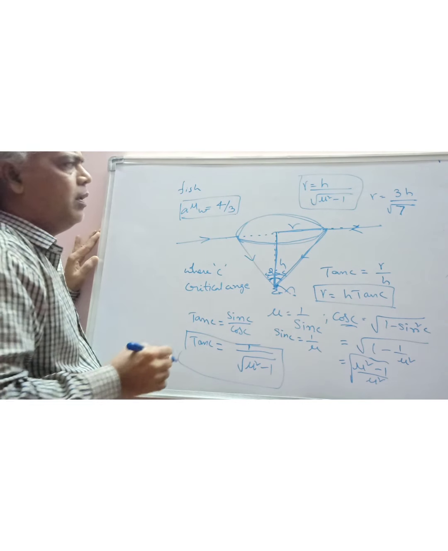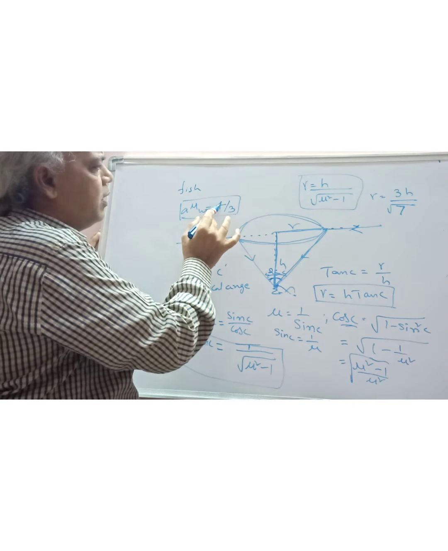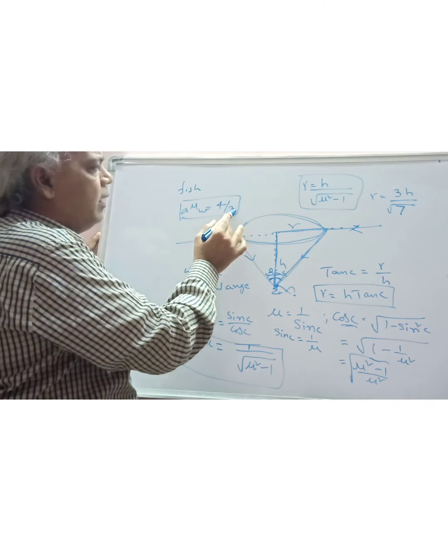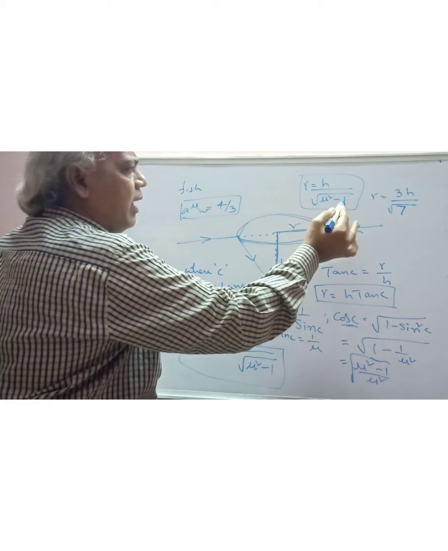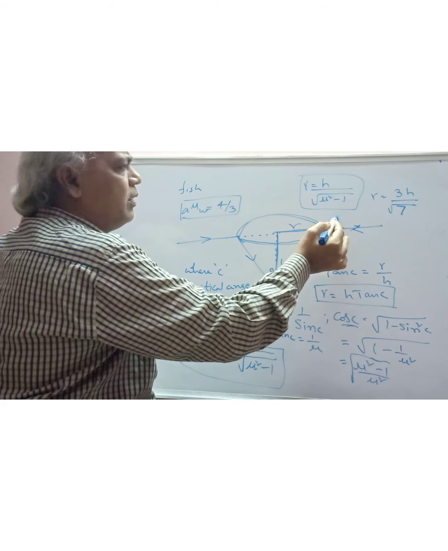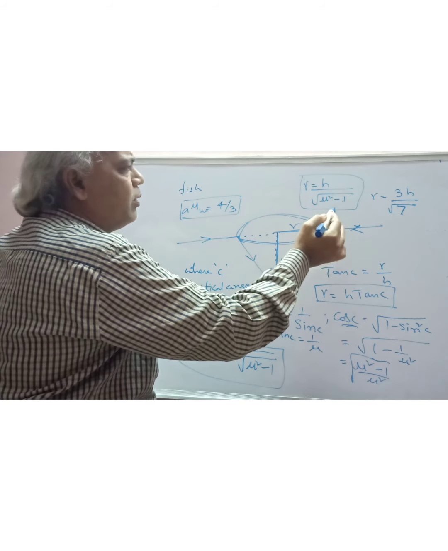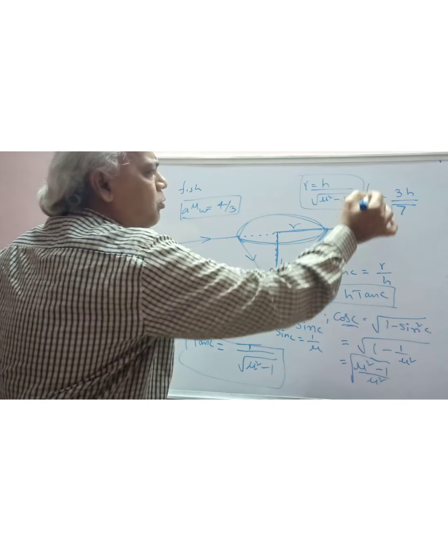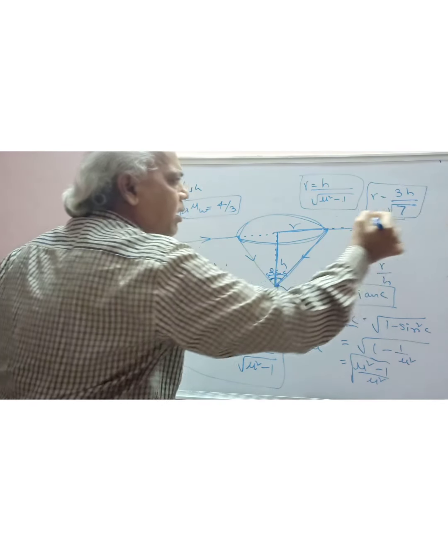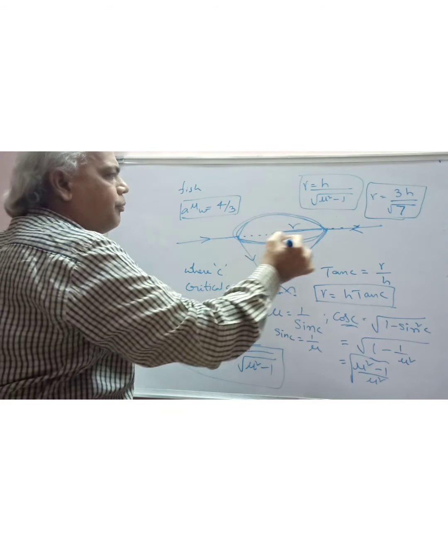Here 4 square is 16, 16 minus 9 is 7, by 9. So under root 9 means 3. So R is equal to 3h by root 7. It is the radius of the circle.